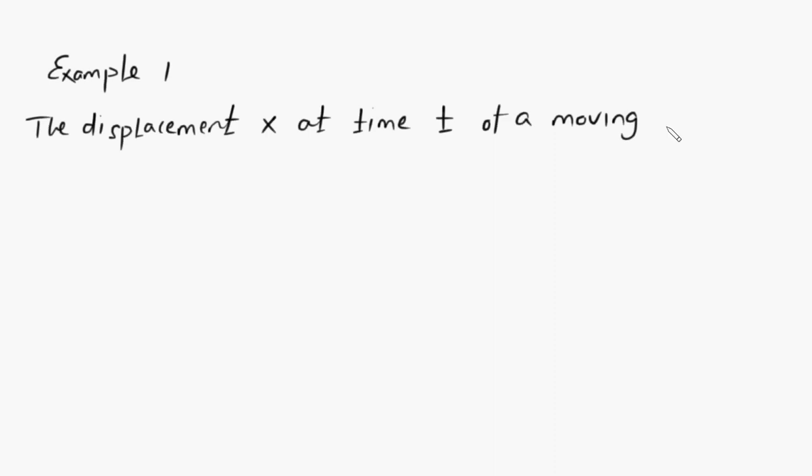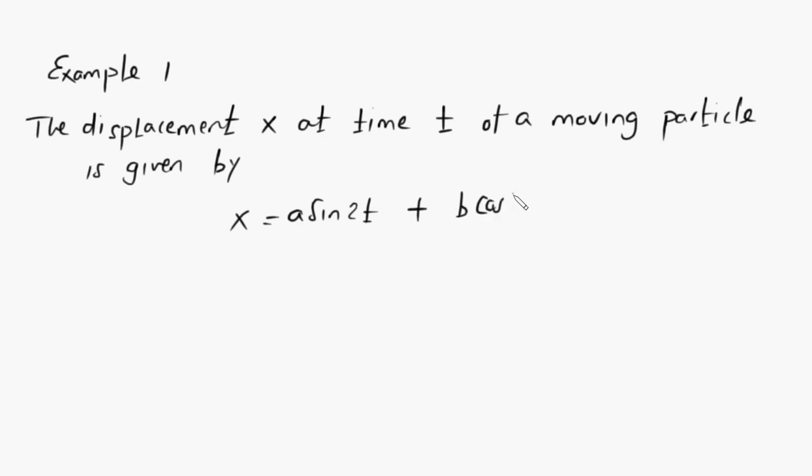So example 1, it says the displacement x at time t of a moving particle is given by x is equal to a sine 2t plus b cos 2t, where a and b are constants.